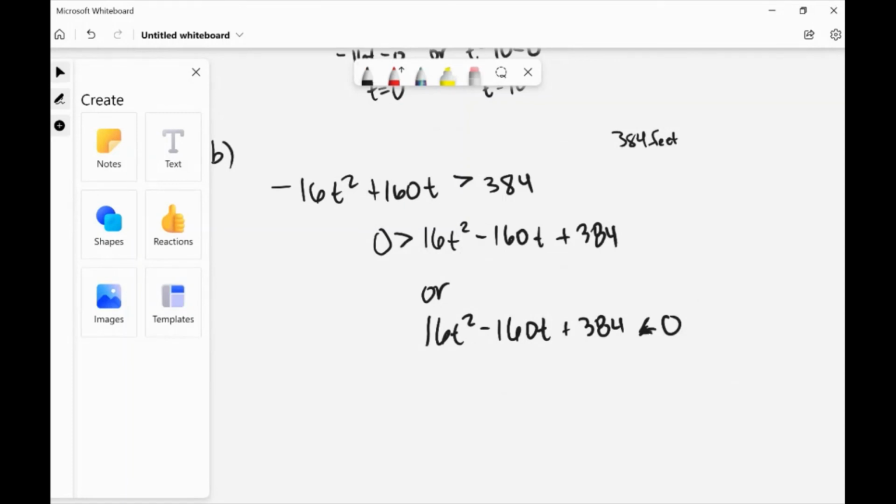All right, so can 16 go with 384, y'all? We need to factor, these are big numbers here. It's 24.